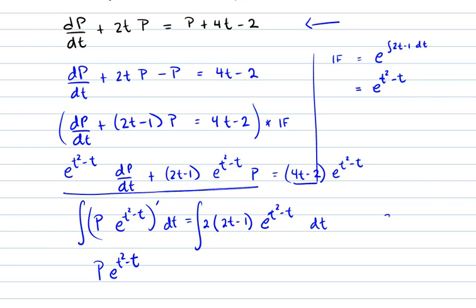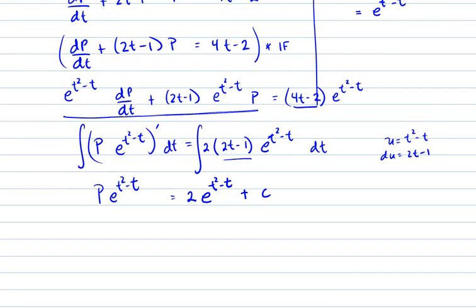On the right-hand side, if we use substitution and u is t squared minus t, then du is (2t minus 1) dt, and that's where this 2t minus 1 comes from. So if I use this u substitution, I'm going to get 2 e to the (t squared minus t) plus c.